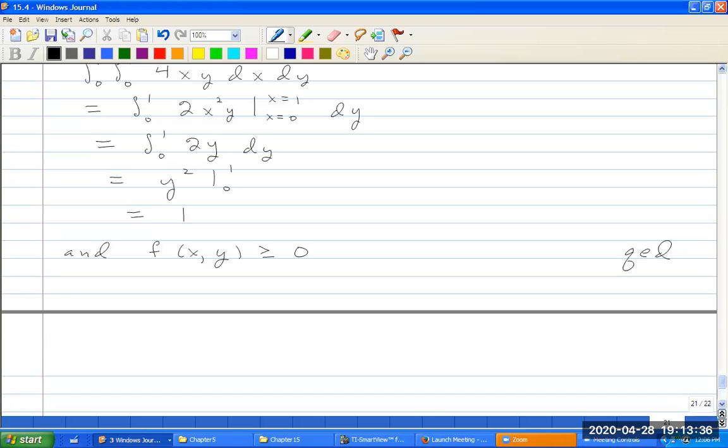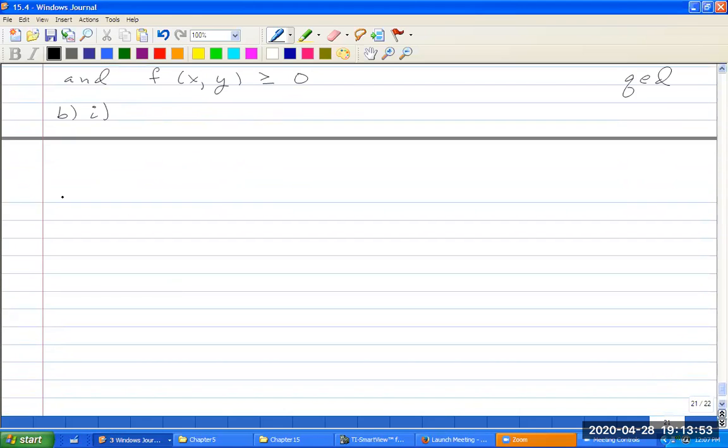So let's do part B. I guess part I. I want to find the probability that X is greater than or equal to 1/2.